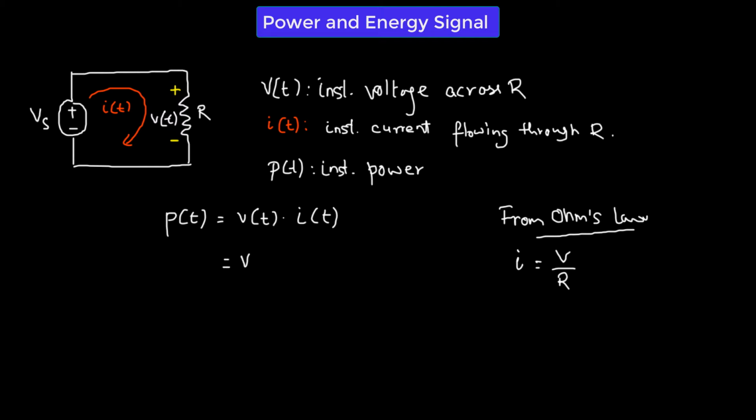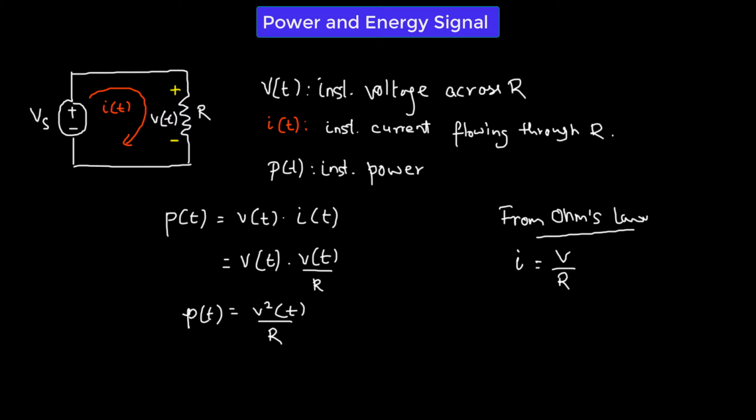So that gives us V of t multiplied by V of t divided by R. So our expression for the instantaneous power becomes V squared of t divided by R. So this is the expression for the instantaneous power.